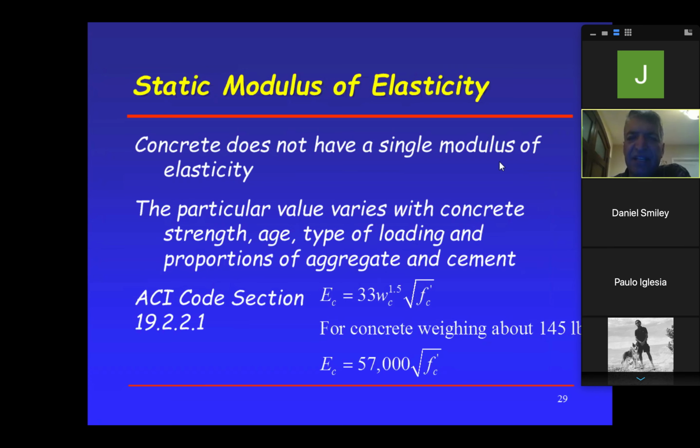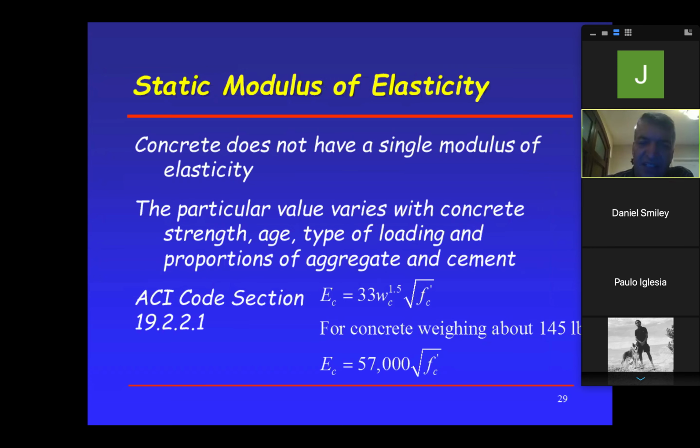Concrete does not have a single modulus of elasticity. Okay, it doesn't. That means it varies. Steel, on the other hand, it does. The modulus of elasticity of steel is 29,000 KSI. Always the case, constant. 29 million PSI or 29,000 KSI.